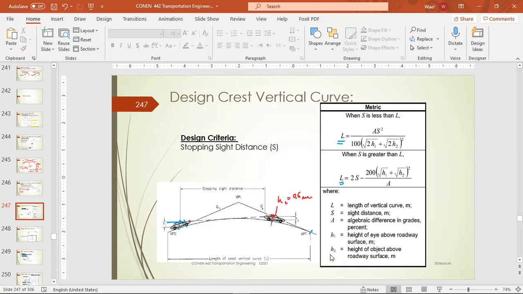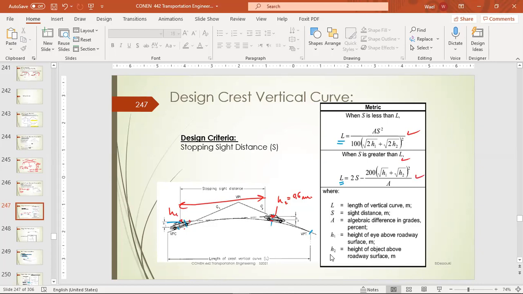So the distance should allow this driver to stop the vehicle. If the stopping distance is less than L, then we use this formula. If the stopping distance is greater than L, then we use this formula.